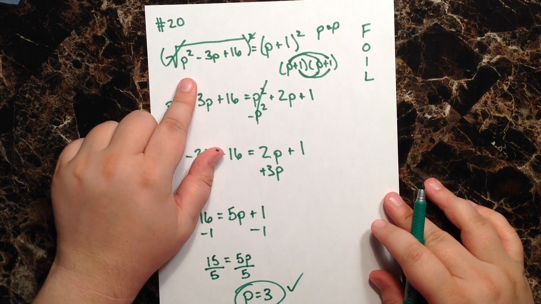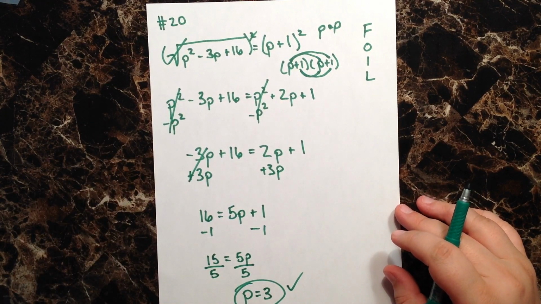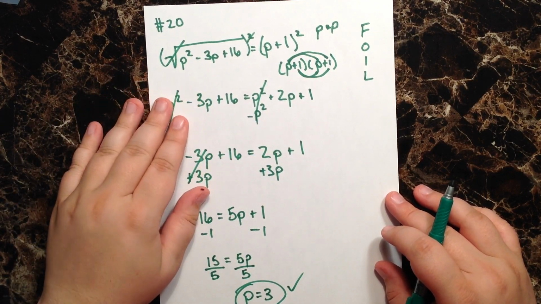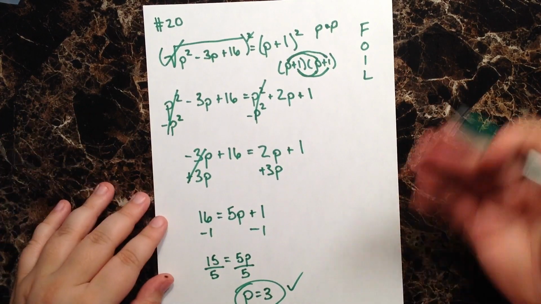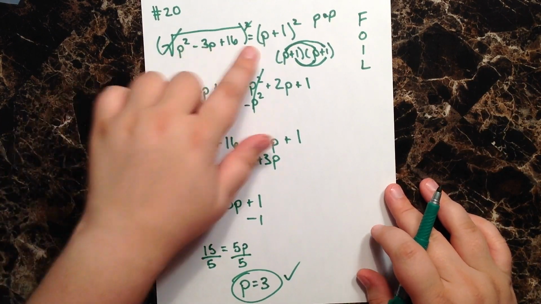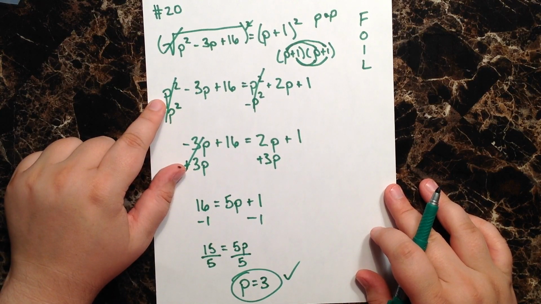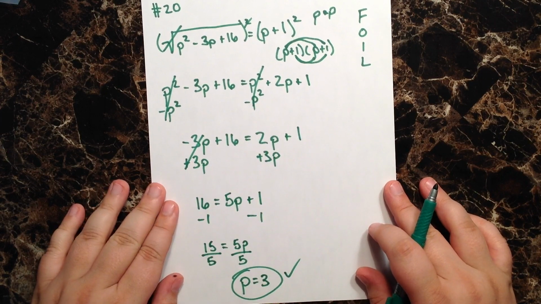So again, when they want us to solve an equation and we have a radical, square both sides, because remember, squaring both sides ensures that our equation stays balanced, because whatever we do to one side, we have to do to the other. And when we square both sides, we end up eliminating our radical sign on the left, and we end up getting a trinomial on the right.